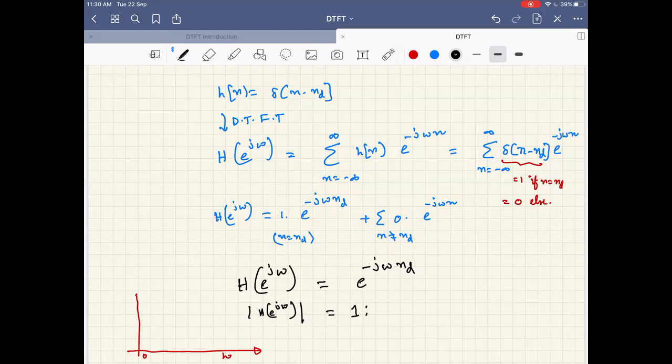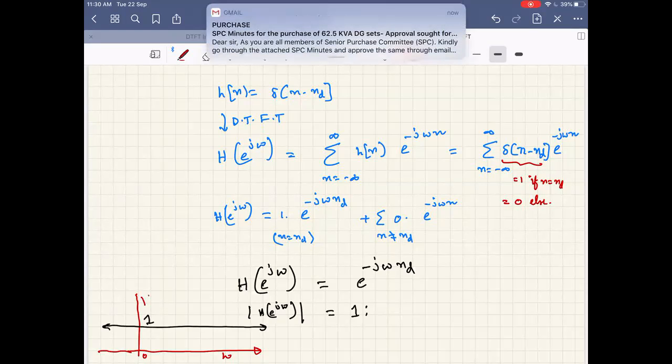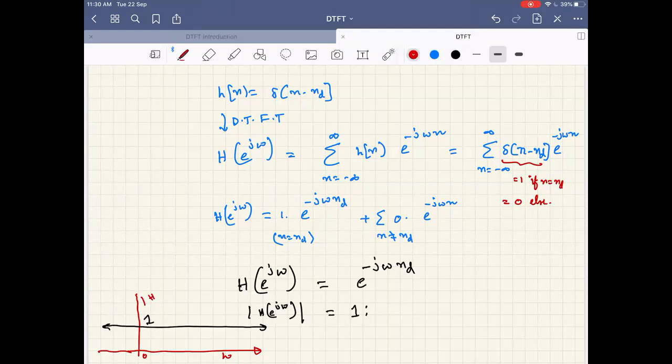In that way, the spectrum is all ones. It extends from minus infinity to infinity, and this is 1. Is this fine? This is what I have plotted here, mod of h of e power j omega.